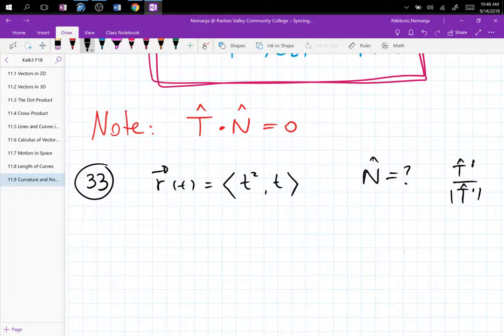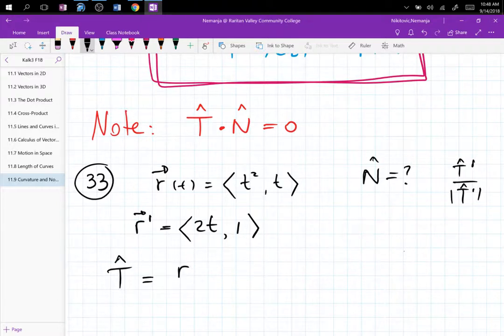All right, so we have r prime is 2t, 1. Easy, right? And now we assemble unit vector T as r prime divided by r prime magnitude.